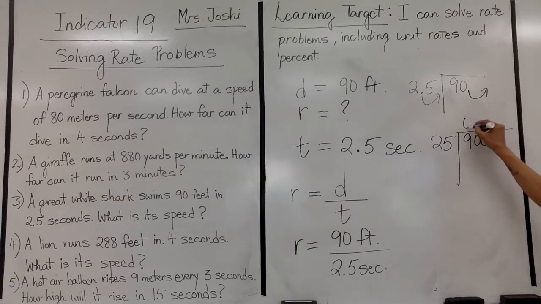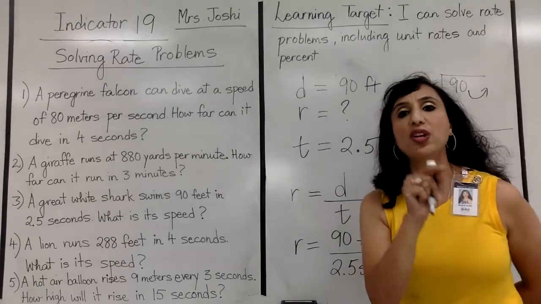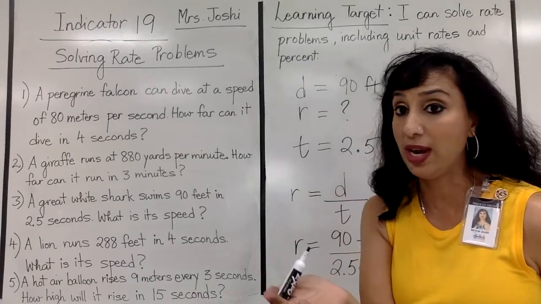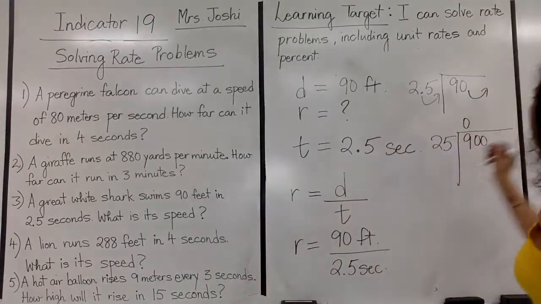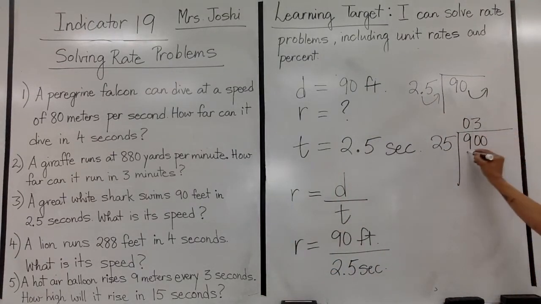9 by 25 doesn't work. 90 by 25, yes. I know that 4 times 25 is going to give me 100, so that is going to be way higher. So it'll have to be 3 times 25 gives me 75. I cannot subtract 5 from 0, so I borrow from here and this becomes a 10. 10 minus 5 is 5 and 8 minus 7 is 1.